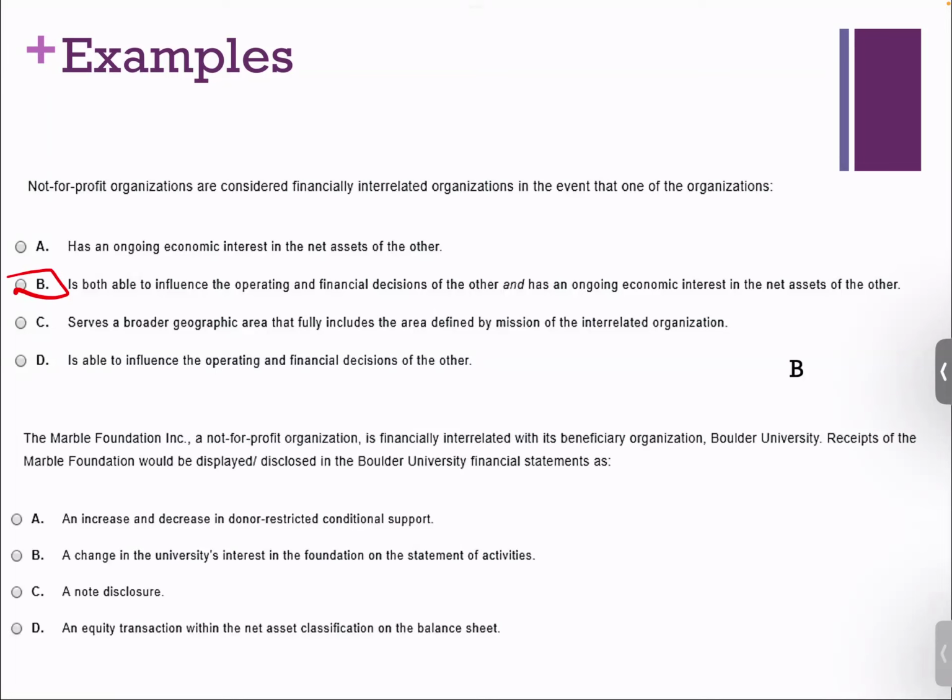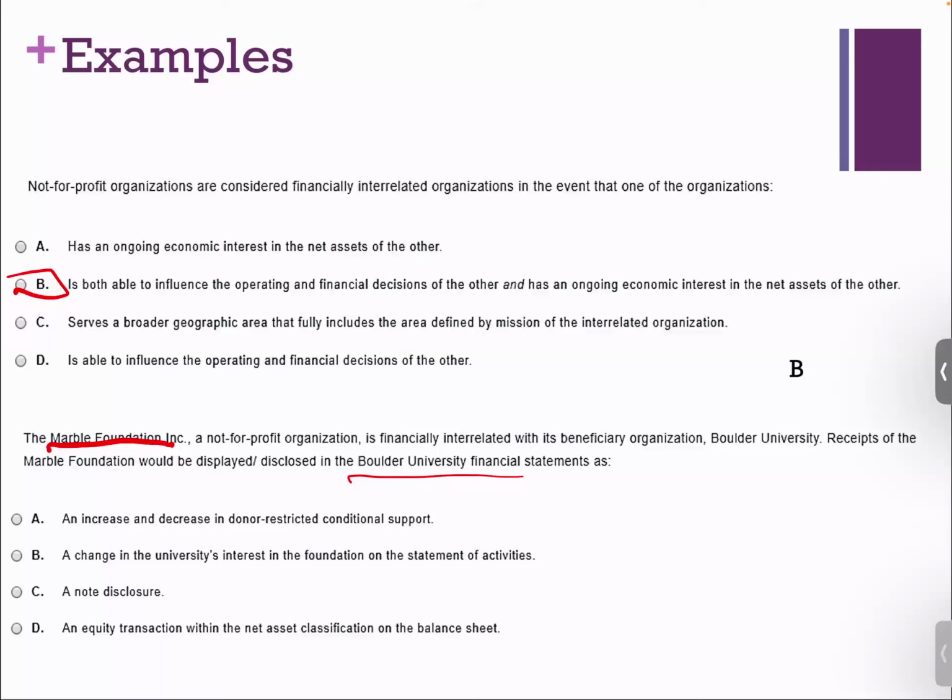Marble Foundation, a not-for-profit organization, is financially interrelated with its beneficiary organization, Boulder University. Receipts of the Marble Foundation will be displayed and disclosed in Boulder University's financial statements as. So what this is, the Marble Foundation works for the university.